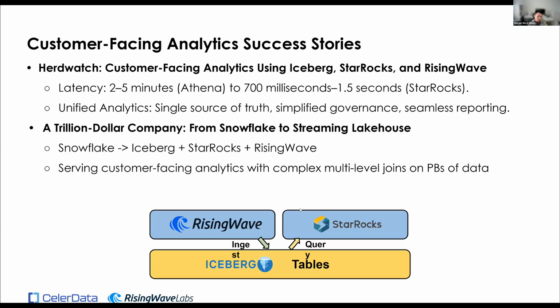We collaborate with some SMBs and mid-market as well, but I believe the deal we're most proud of is a pretty big trillion-dollar company. They moved from Snowflake to Iceberg, and then adopted StarRocks for the query engine and RisingWave for the ingestion.